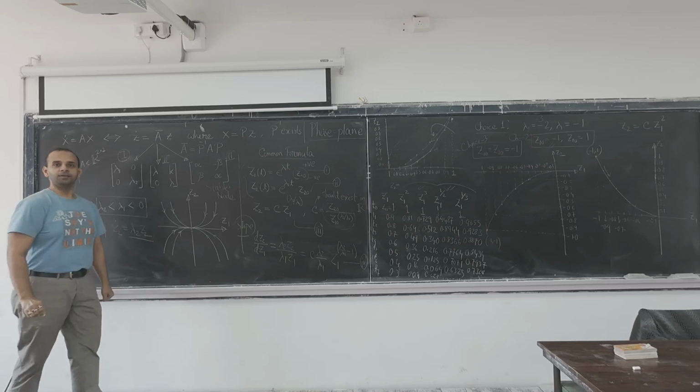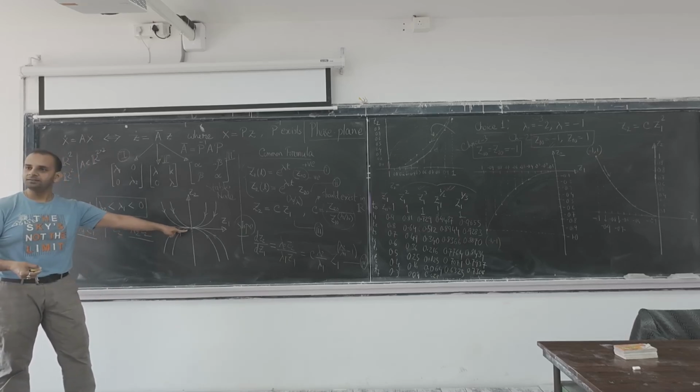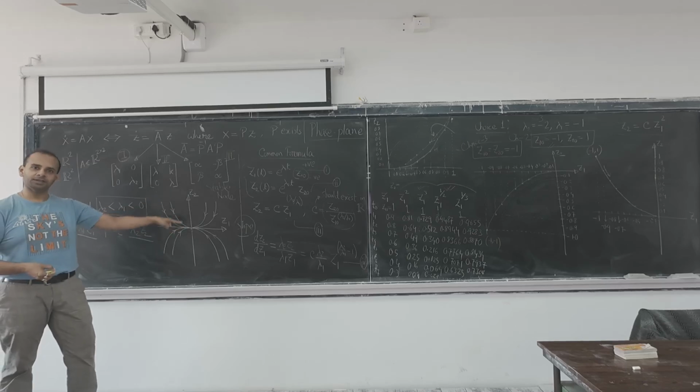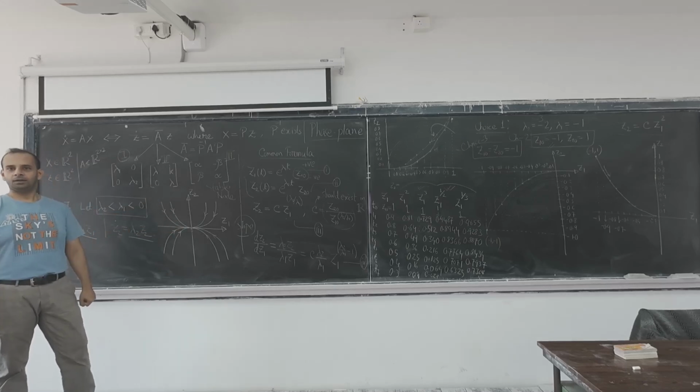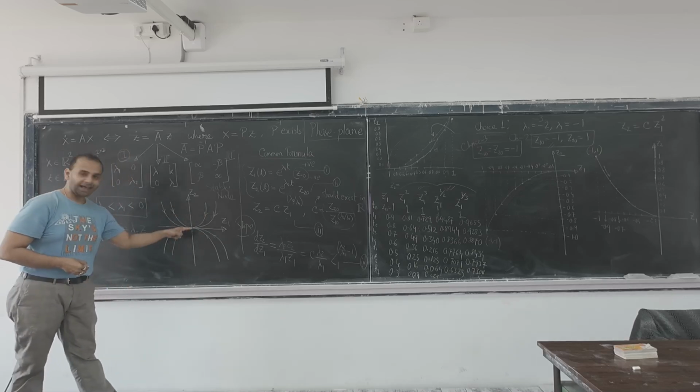If someone asks you which is the stable node here, the origin is the equilibrium point, which is the stable node in this case. Node means that everything is attracted toward that point, and it is asymptotic.